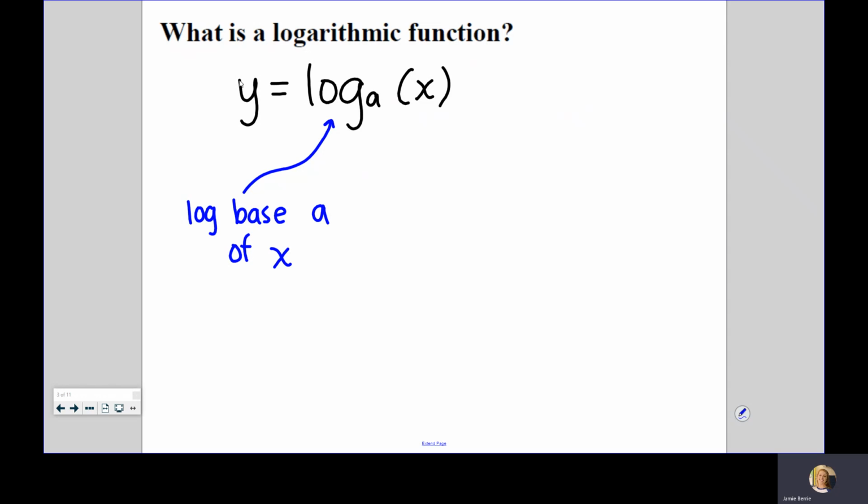Now the full definition of a logarithmic function involves one extra part, and it starts with this double-sided arrow, which means is equivalent to. So y equals log base a of x is equivalent to, or the same as, x equals a to the y.